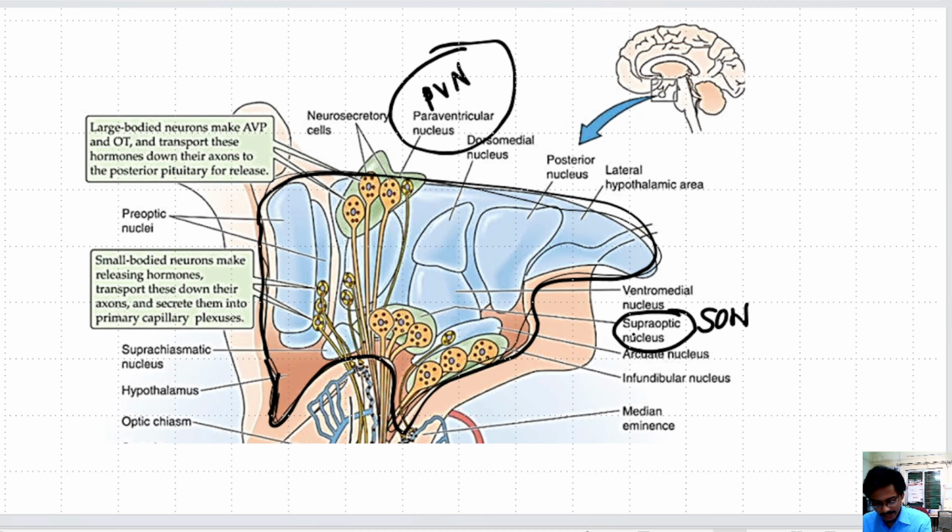They project their axons to the infundibular stalk. You can see these are different kinds of nuclei, but they are supraoptic nuclei. In that region their axons are long, along with the infundibular nucleus. So their axons are very long.